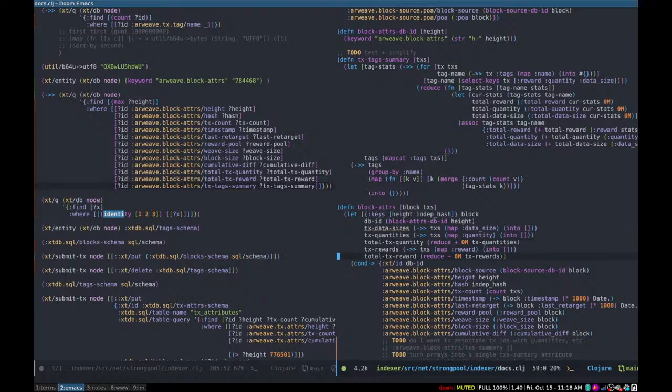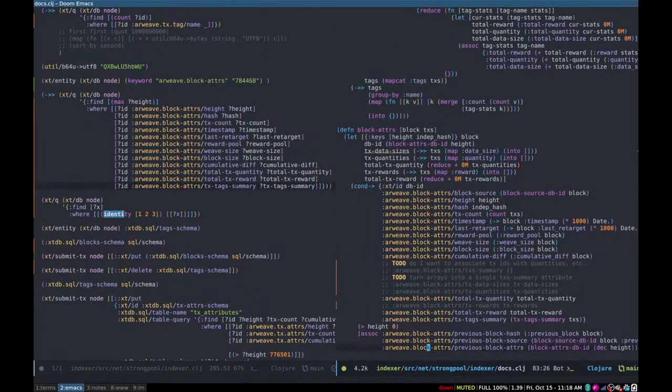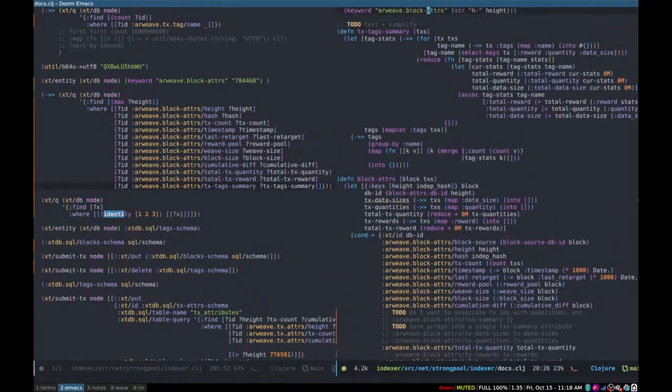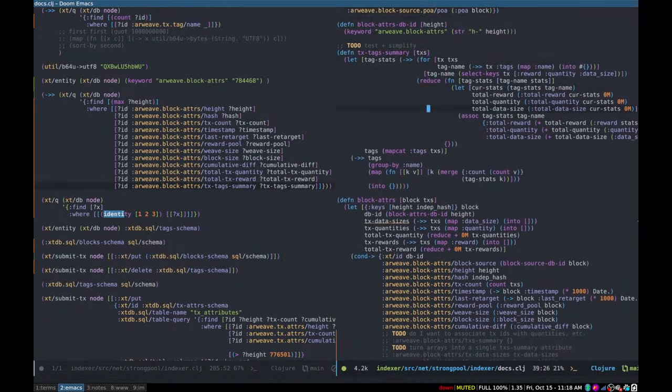So the tag summary is basically, if I'm remembering this right, on a per block basis, it's the tag name and then a map that has the total reward, total quantity, and total data size associated with that.